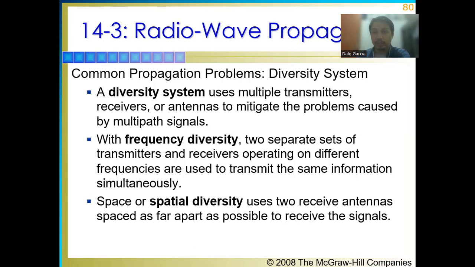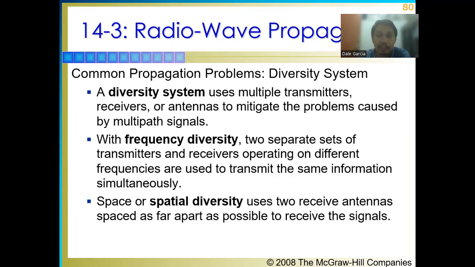Then spatial diversity. When you say spatial diversity or space diversity, two separate receivers, in this case two receiving antennas spaced far apart. So the diversity here is in the receiving antenna. There is one transmitting antenna, and two receiving antennas. So spatial diversity.